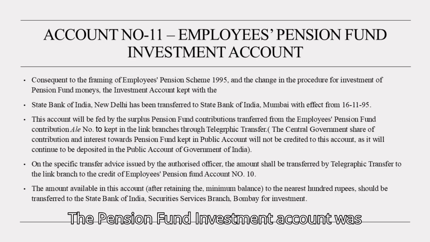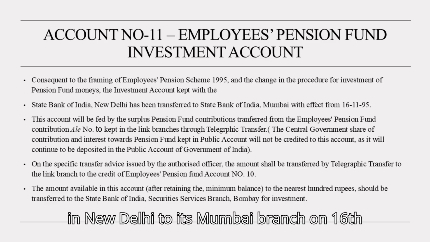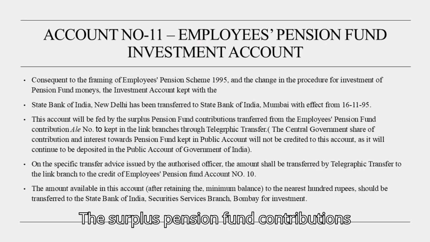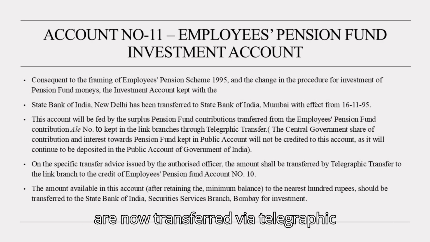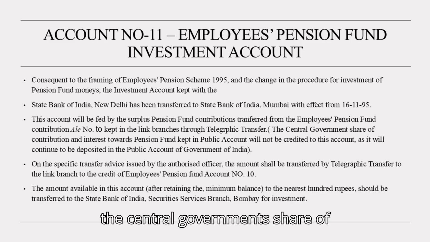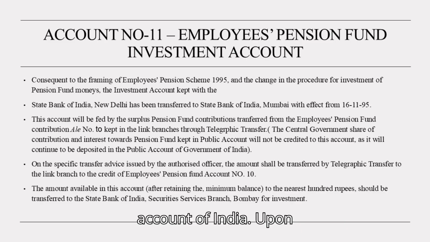The Pension Fund Investment Account was transferred from the State Bank of India in New Delhi to its Mumbai branch on 16 November 1995. The surplus pension fund contributions are now transferred via telegraphic transfer to specific link branches, with the central government's share of contributions remaining in the public account of India.